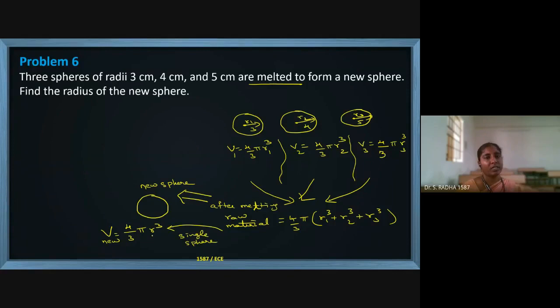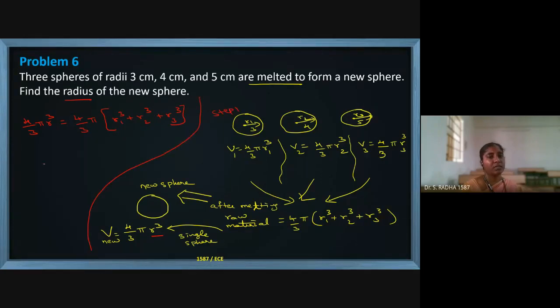They are asking what the r value is. So 4 by 3 pi r cube is equal to 4 by 3 pi, r1 cube plus r2 cube plus r3 cube. This is step 1.